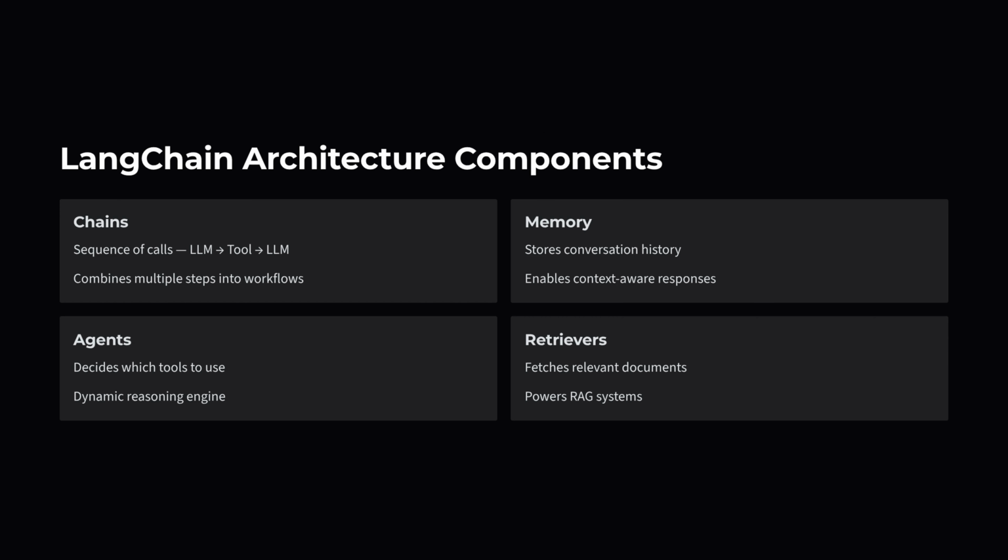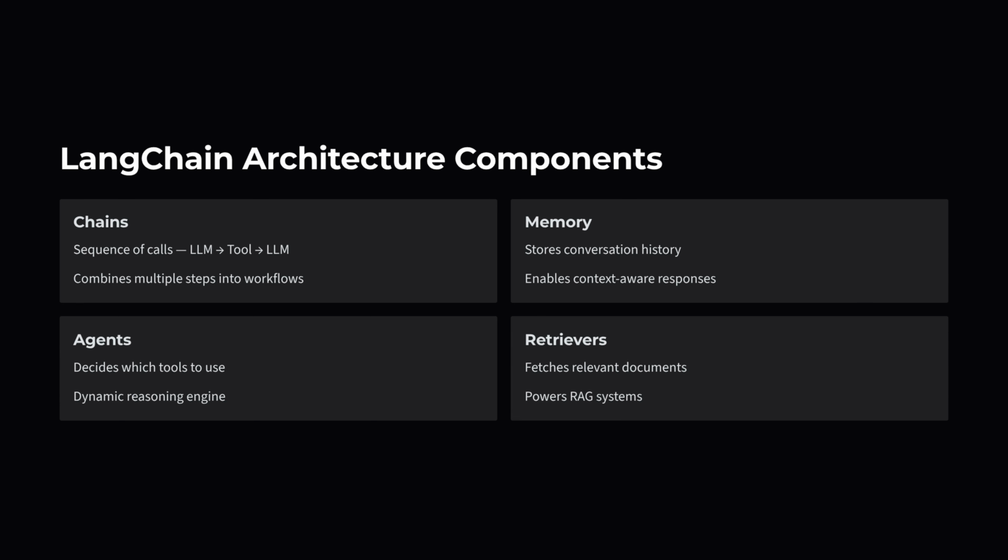LangChain architecture components. Think of LangChain's architecture as four teammates working in harmony. Chains act like a script that runs in a predictable order, similar to following a recipe card, step by step. Memory quietly keeps track of what has happened so far, like jotting the last important line in a notebook so the model doesn't forget.